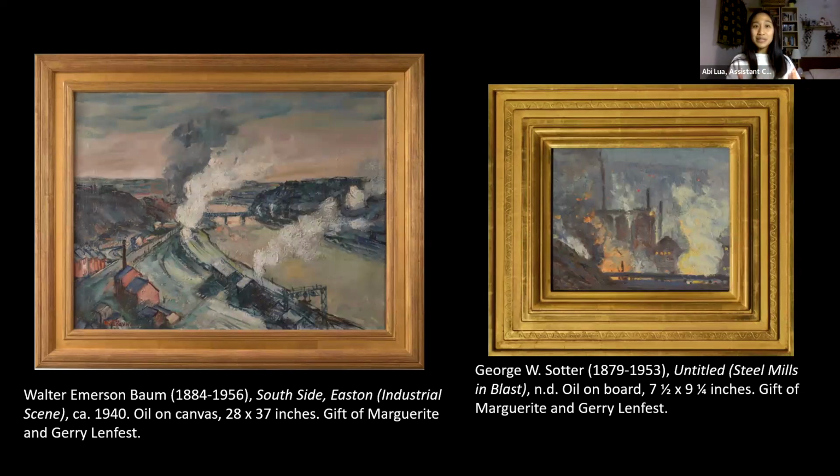I also wanted to include these because, compared to the abandoned factories that Schatz would depict, really thinking about how they're after the fact of industrial production, and even compared to Red Miller's depiction of the lace factory, which is still very idyllic in its composition despite the way that it features industry, what Walter Emerson Baum's painting and George Sauter's painting do is show us the concept, or we can imagine the consequences, of industry in the way that these emissions rise to the sky.